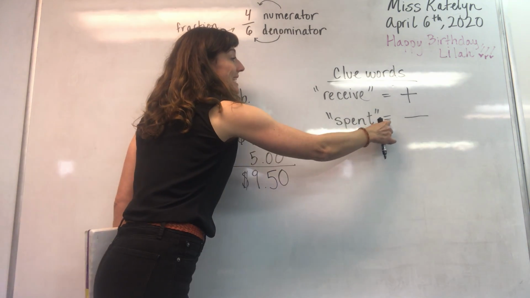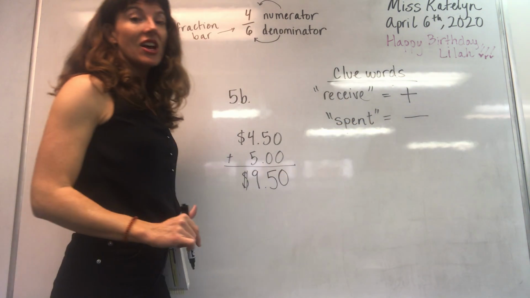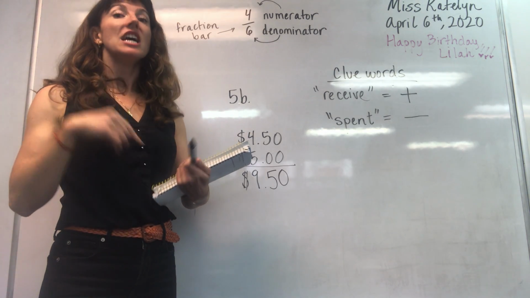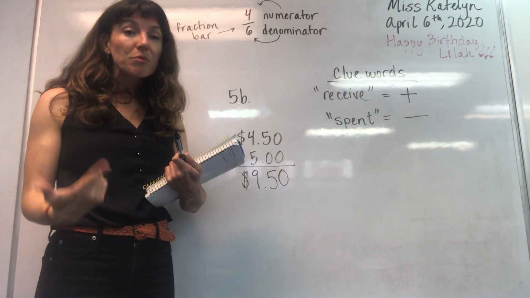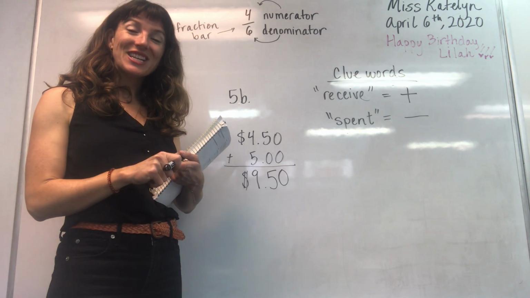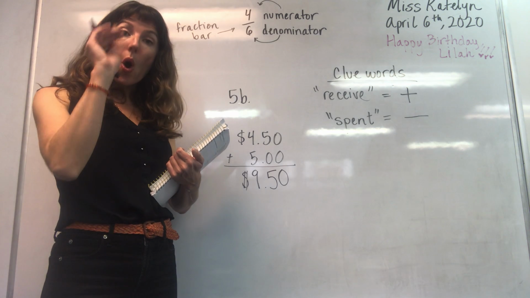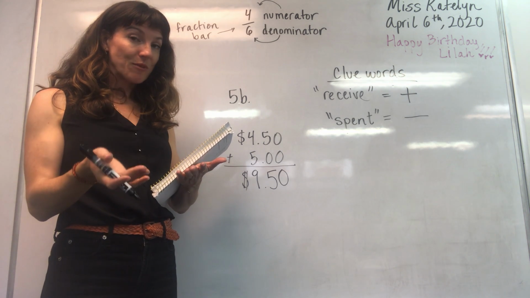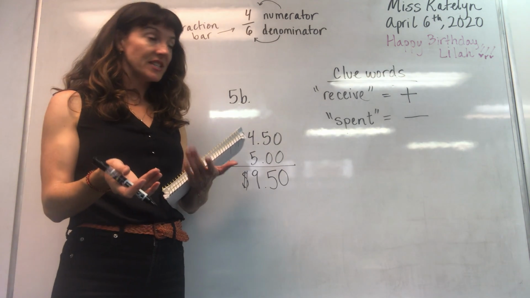And now it says she spent. Spent means subtract. Okay, so we have to subtract everything she did with that money. She bought candy, she brought her little brother a toy, and she gave some away to Sunday school. So all those things we're going to take away from the total that she received.